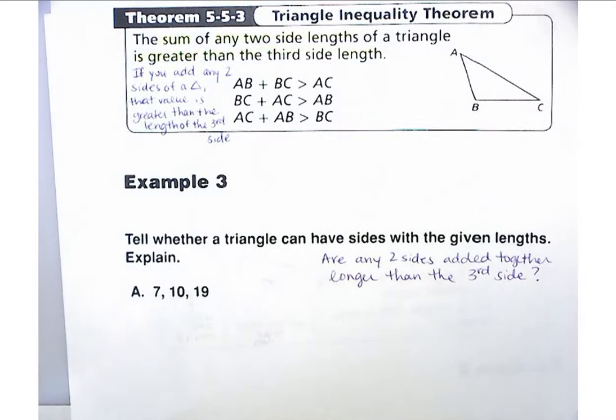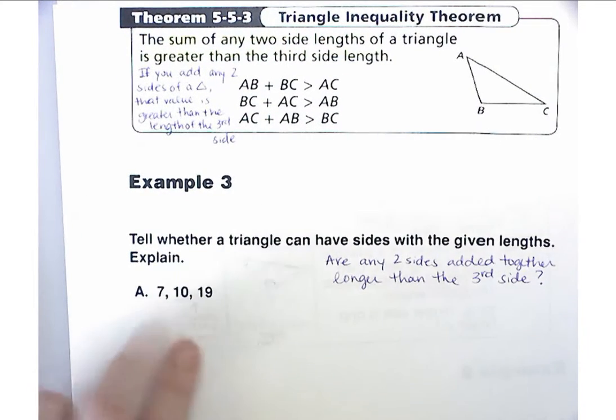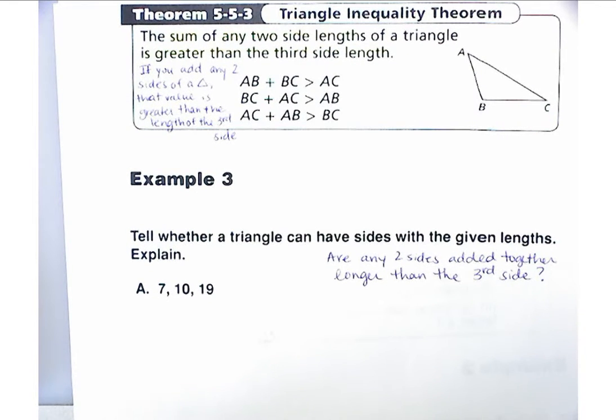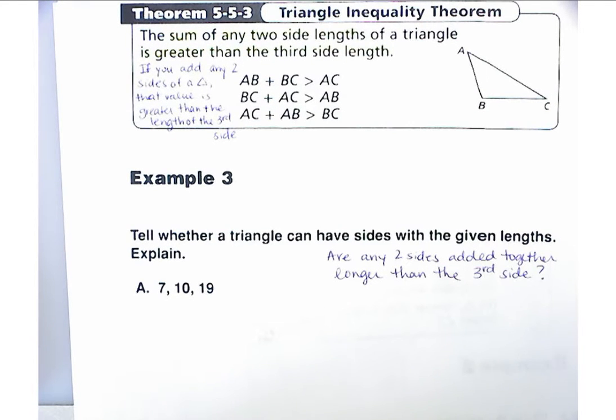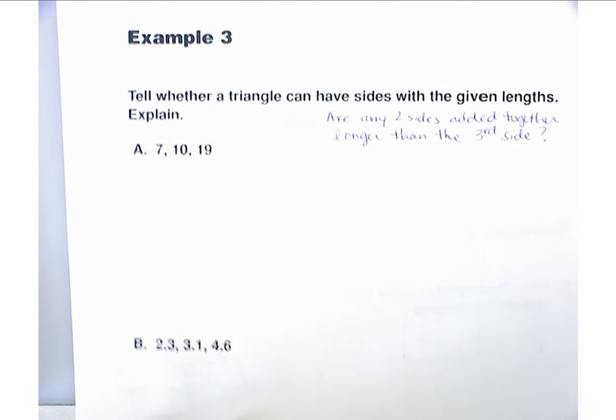So then we just want to test that out. I can add any 2 of those sides together and make sure that it's greater than the third one. Now I would take the 7 and 10 first, because 7 and 10 are the shortest lengths.